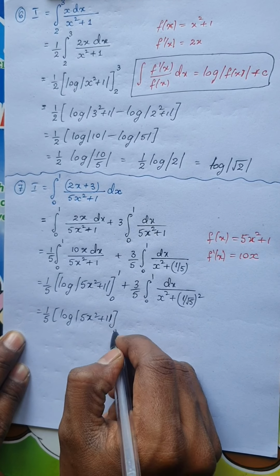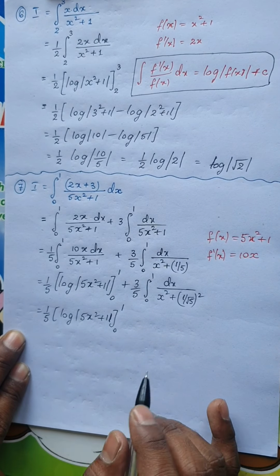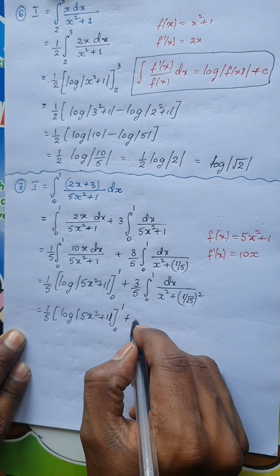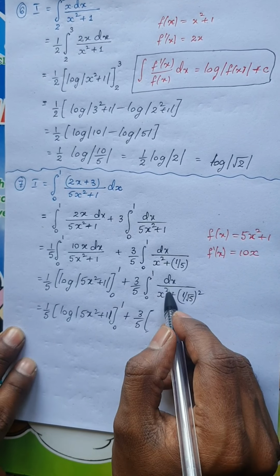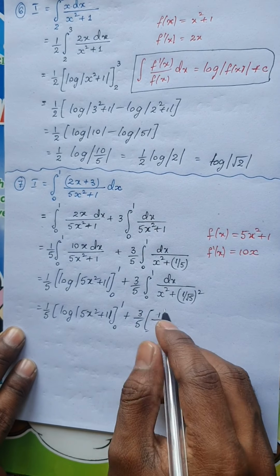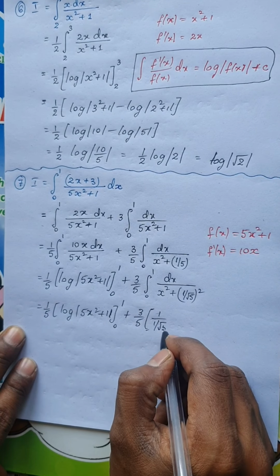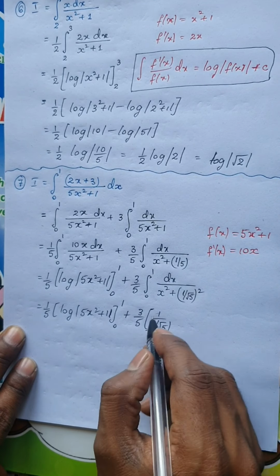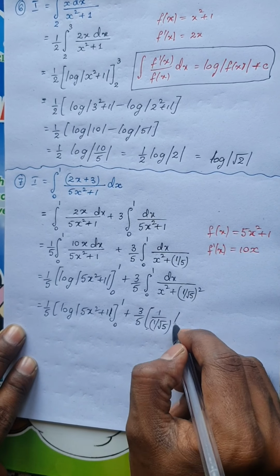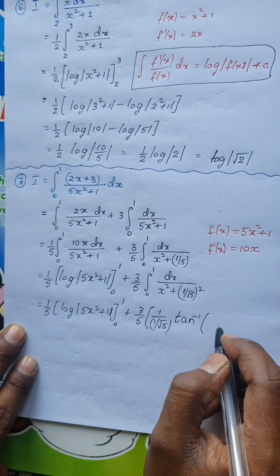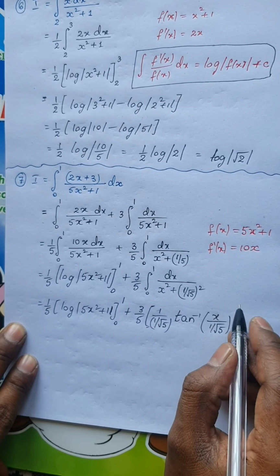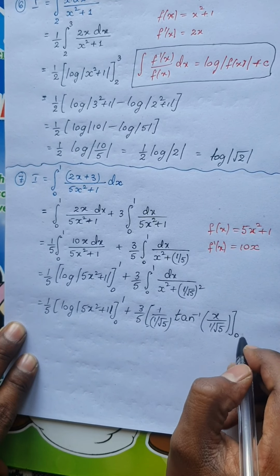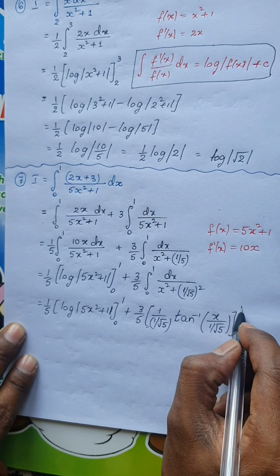Let me apply the limits in the next step. So between the limits 0 to 1, it is 3 by 5 outside. Let me integrate: the integral of dx divided by (x² + a²) is 1 by a tan inverse (x by a), where a is nothing but 1 by root 5. So that is 1 divided by (1 by root 5) into tan inverse x by a. This is integrated within the limits 0 to 1.